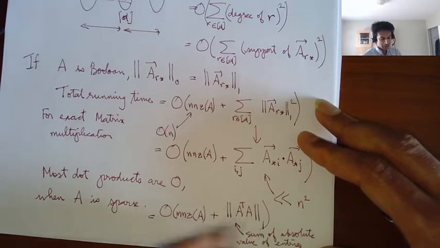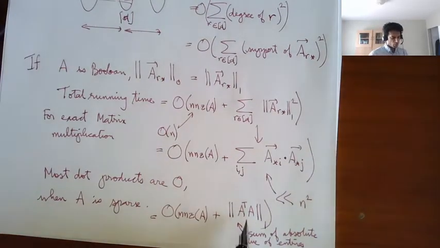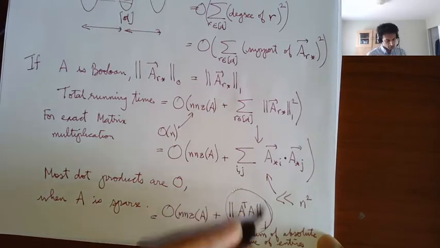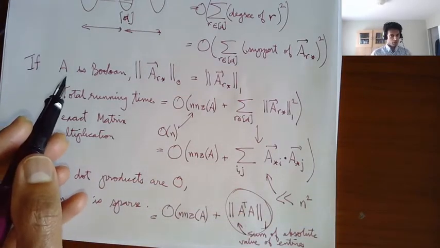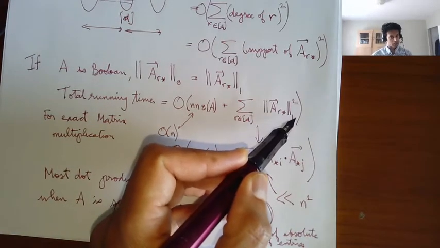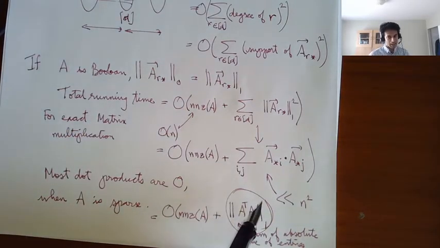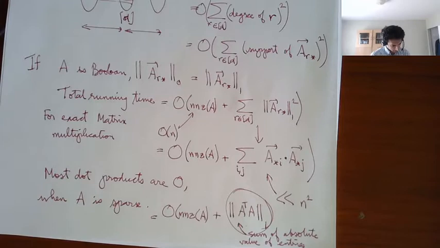I'm just treating the matrix as a vector. And this, under most normal circumstances, will dominate. This is when A is Boolean. When it's not Boolean, this has to be a zero norm, a support, which is different. But when this is Boolean, then this is exactly the amount of time required to compute your dot product exactly. So this is exactly the time that it takes.